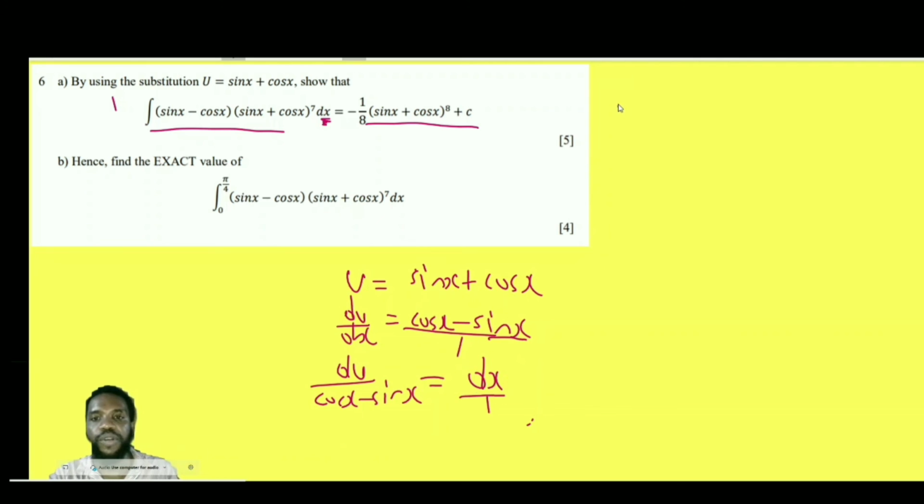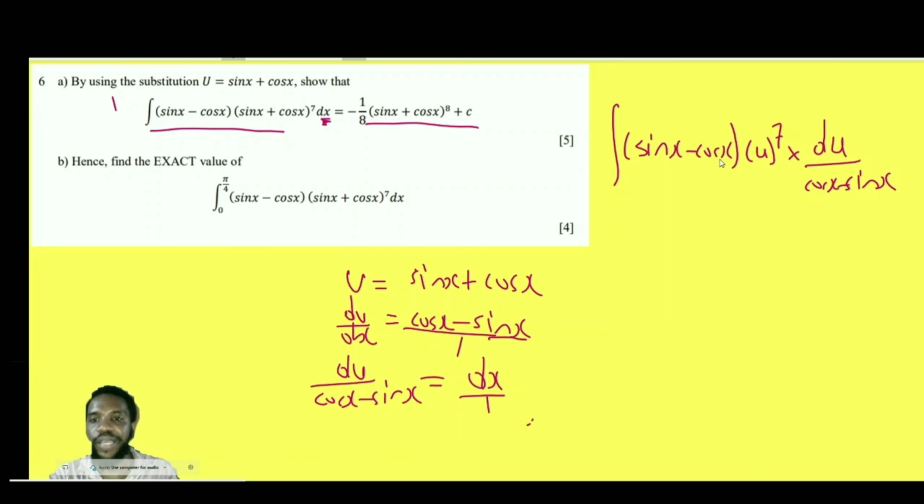Right, let's go now. I'm going to rewrite the function. I'm going to have sin x minus cos x, and I'm going to change the sin x plus cos x to u to the 7th, times du over cos x minus sin x, because I'm replacing the dx with a function of u.